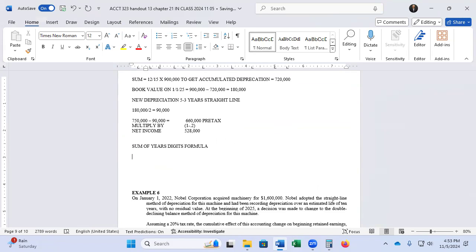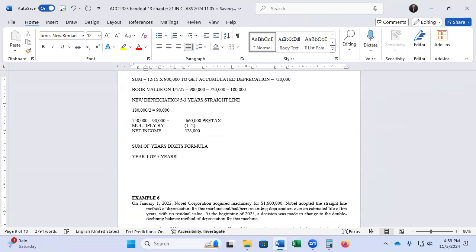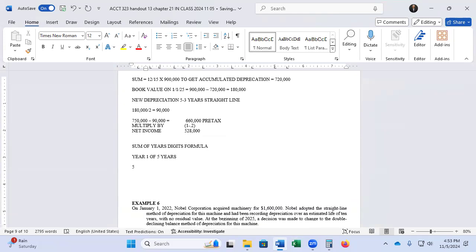So the sum of the year's digits formula is to take, let's say, the year. And so let's say it's year 5. So year number 1 of 5 years. And so what you would do is you take 5. To calculate the rate, take 5 years and divide it by 5 plus 4 plus 3 plus 2 plus 1.